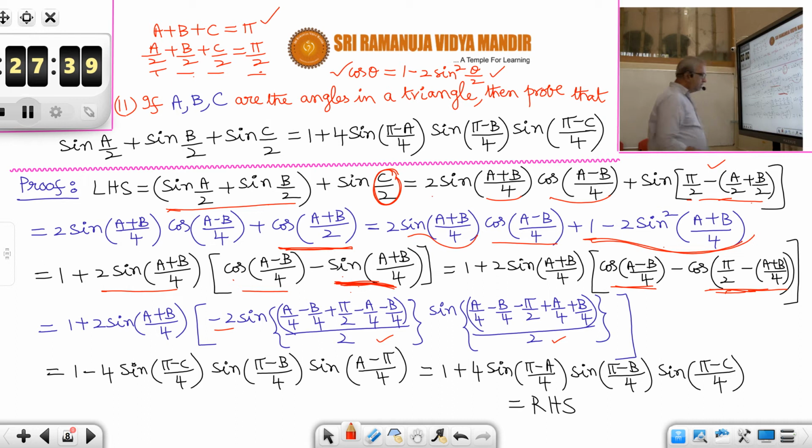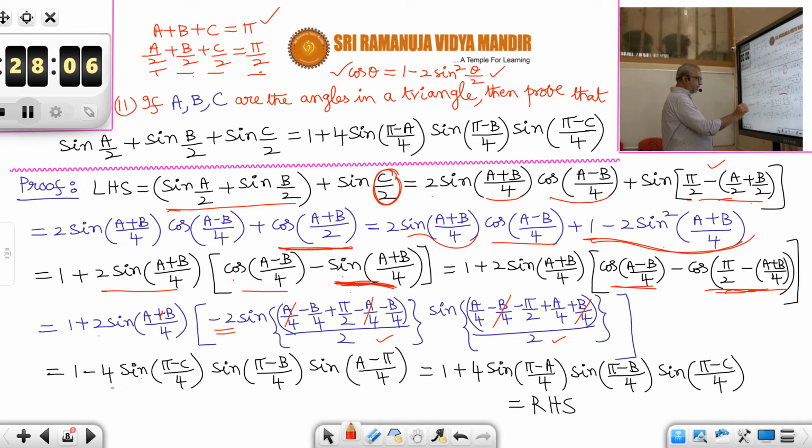Now simplify. Which is getting cancelled out? The a by 4 is getting cancelled out here, and here b by 4 gets cancelled. So minus 2 into 2, so minus 4 sin. In place of a plus b, what can I write?